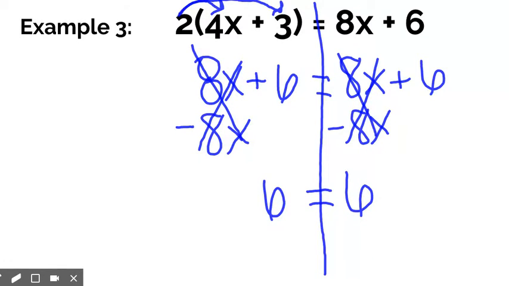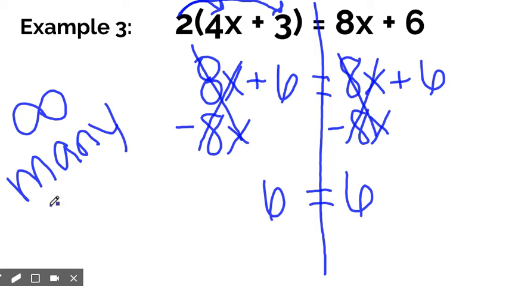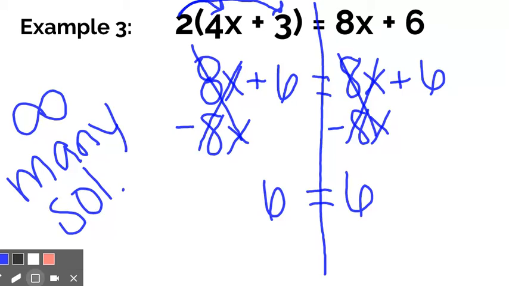Now, because 6 equals 6 is a true statement, that means that we have infinitely many solutions. Meaning any value of x that's plugged in will cause this equation to be true. So this is an example of infinitely many solutions for example 3.